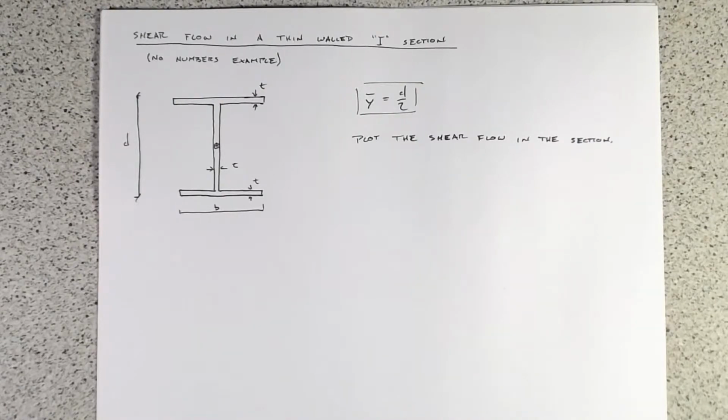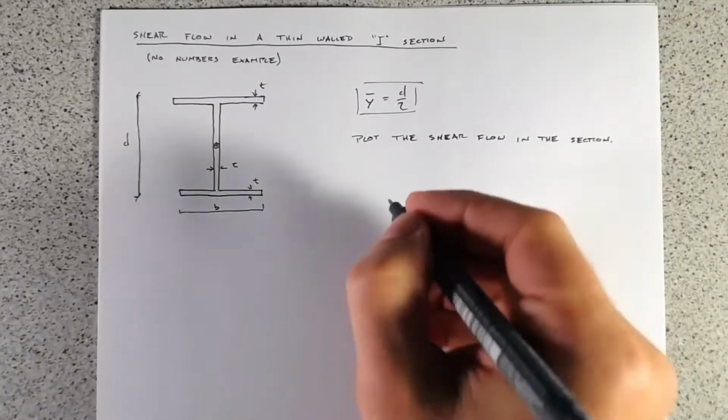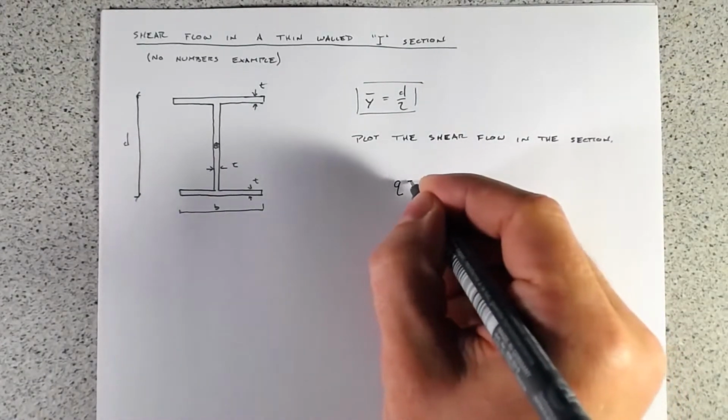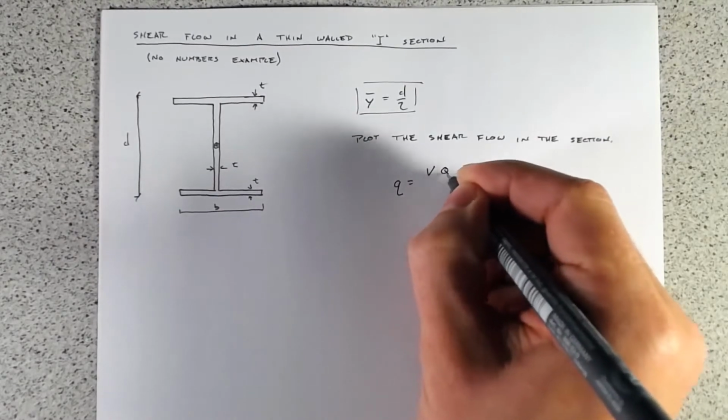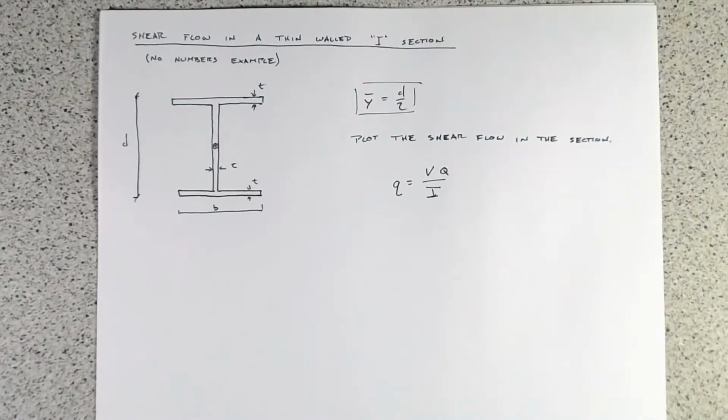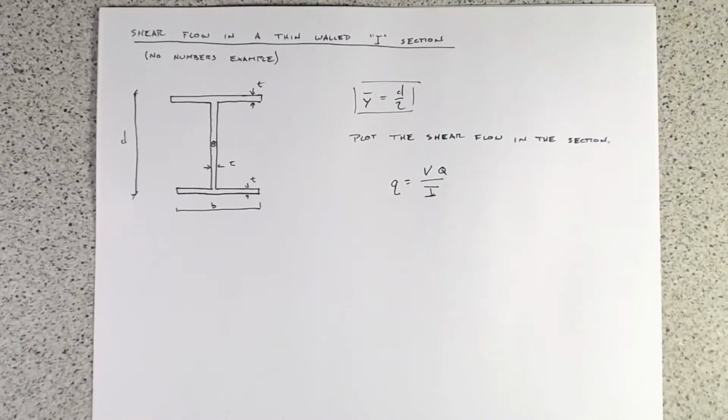Just like when we approach the shear stress problems, the first thing we want to do is look at what clues we have and what we need. If we need to plot the shear flow, we should probably use the equation for shear flow, which, as you recall, is little q equals VQ over I. For a given section, our applied shear force V is going to be constant, and our moment of inertia, I, is going to be constant.